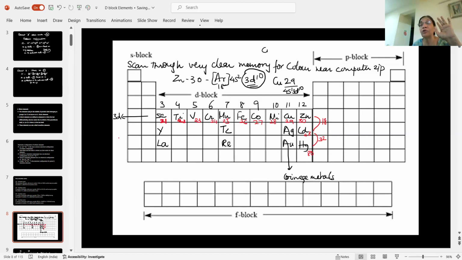Like if I take Cu2+, then its configuration becomes 3d9. So if in one of the oxidation states there is an incomplete D shell, then it shows the properties of a D block element. So zinc, cadmium, and mercury are not considered as D block elements. However, copper can be considered as a D block element. These are a few things that you have to remember.